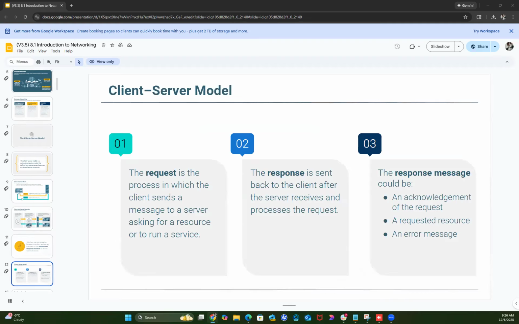And what is the response? The response is sent back to the client after the server receives and processes the request. The response message contains the acknowledgement of the request, the requested resource, or an error message. Everyone must understand these things well: what is the request, what is the response, and what is the response message.